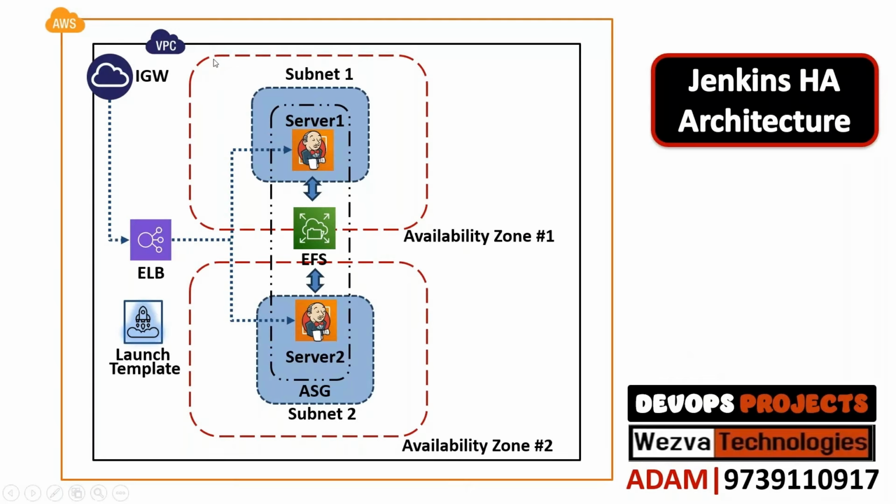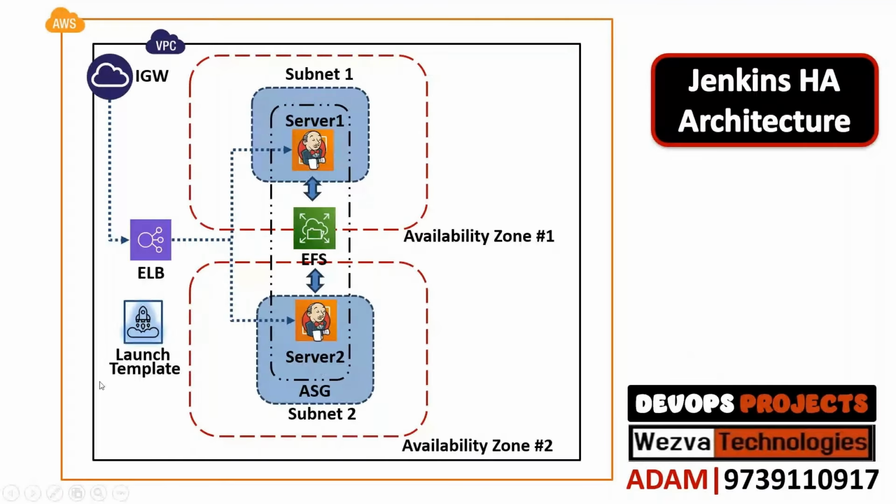Now, this looks perfect, and this is where your solution doesn't stop. Why? What did I say? You go to AWS and you design it using a launch template and an auto scaling group. Fine. But let me ask you another question.